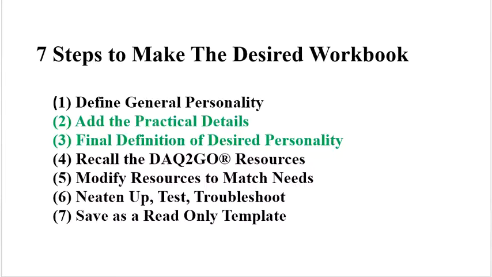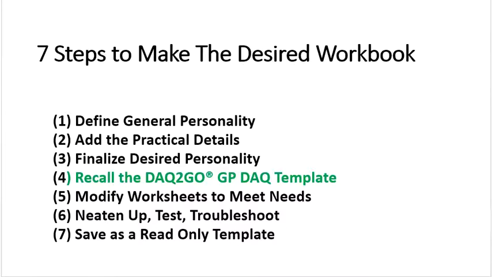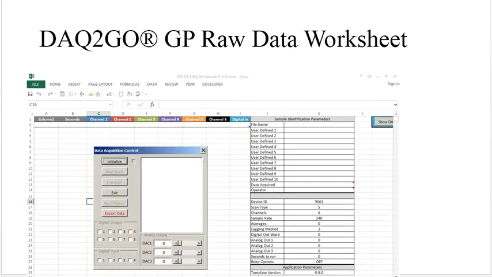And so maybe I want to add a few extra things like instantaneous values for the X and Y, and then define the user control so it syncs the electronics, lets you twiddle all of the various I/O controls in immediate mode, and then start and stop the real experiment, and of course save the data. So now let's recall the DAQ2GO templates to make this happen.